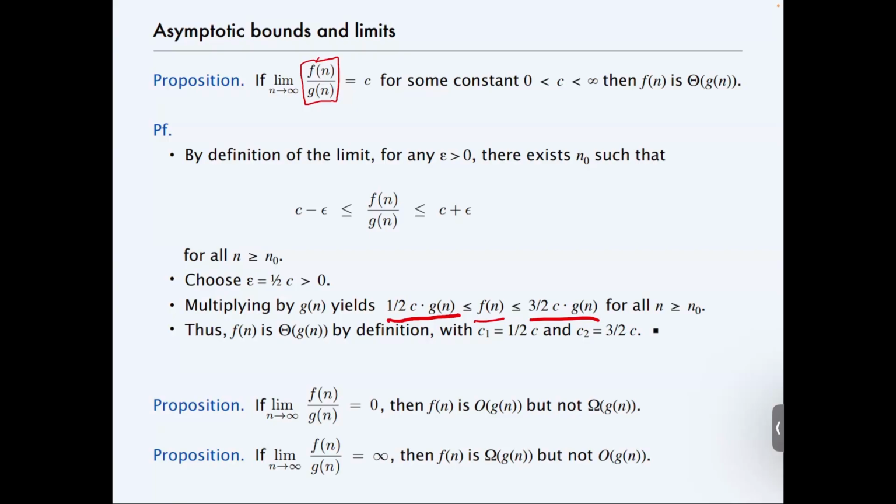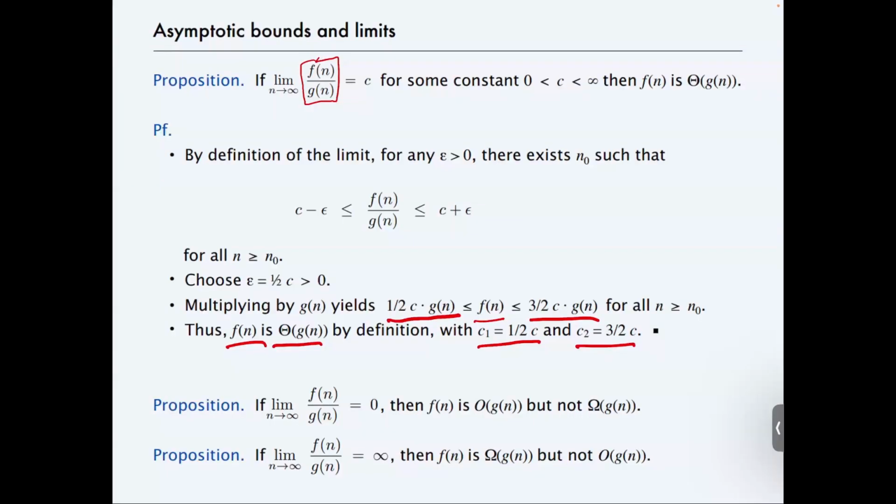So by our definition, f of n is theta of g of n, with c1 equal to 1 half c and c2 equal to 3 halves c. All this is simply saying that if the limit as n approaches infinity of f of n over g of n equals some constant, then they are theta of each other.